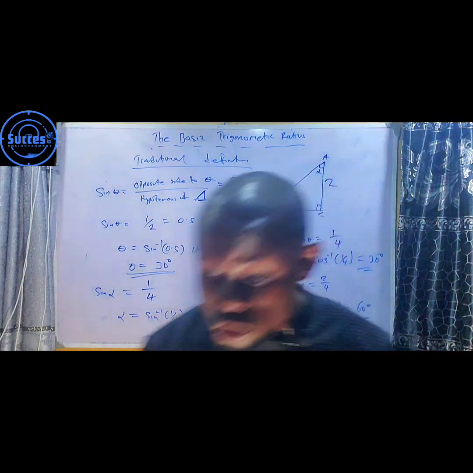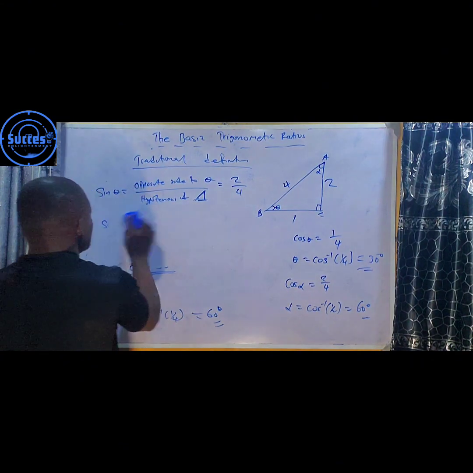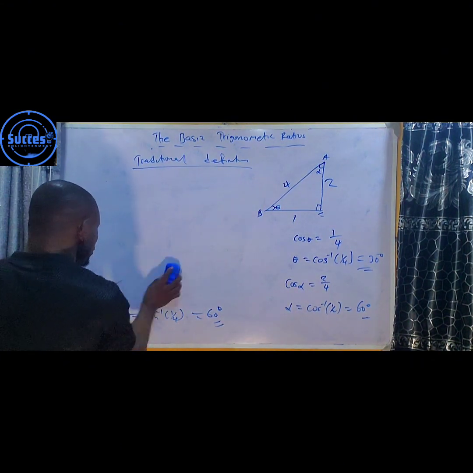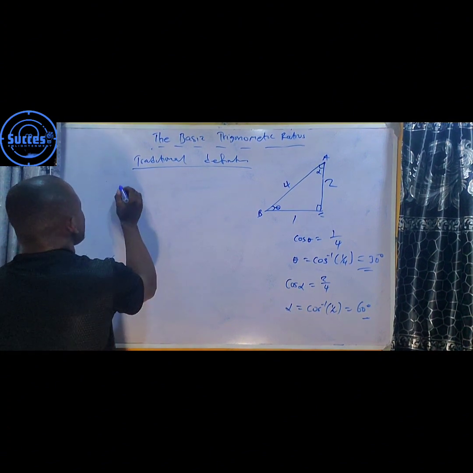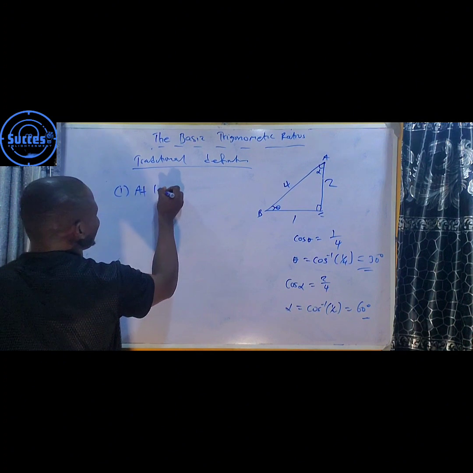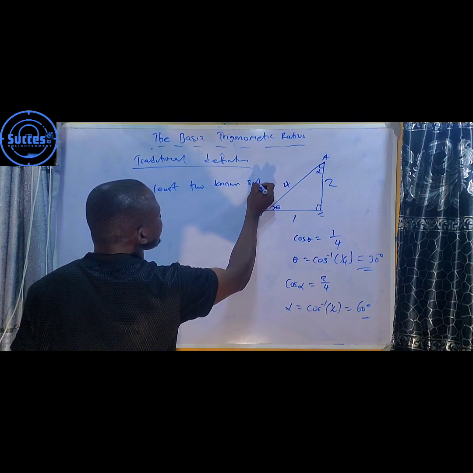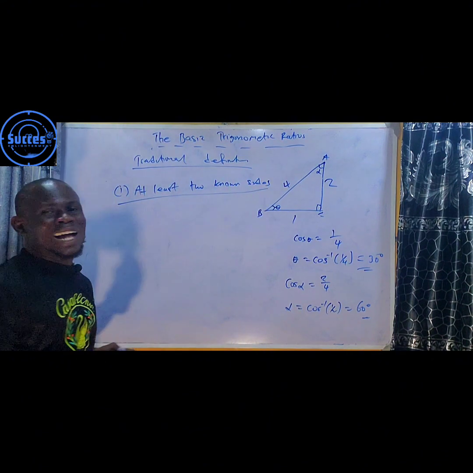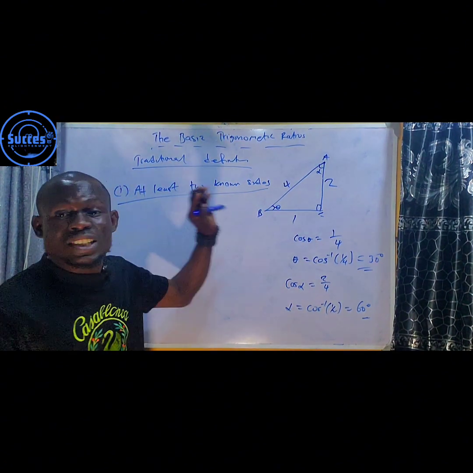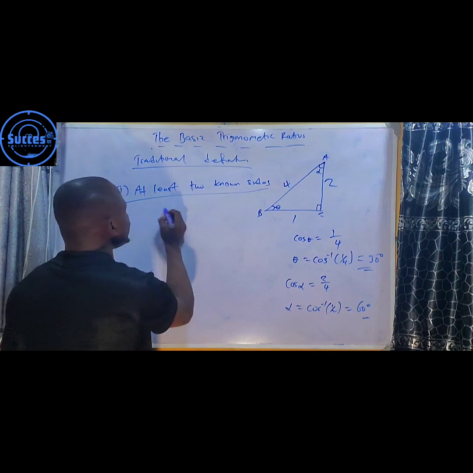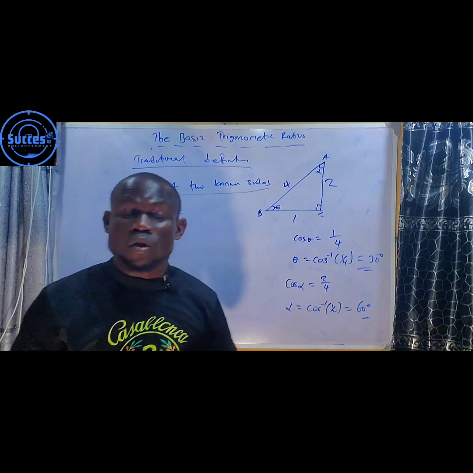You can apply this traditional definition in solving trigonometric problems, number 1, when you have at least 2 known sides, and what you find is the angle of a right angle triangle.